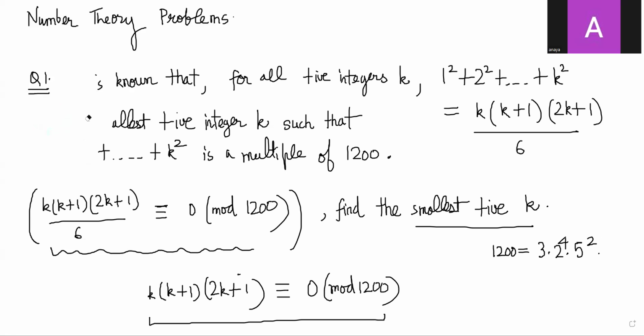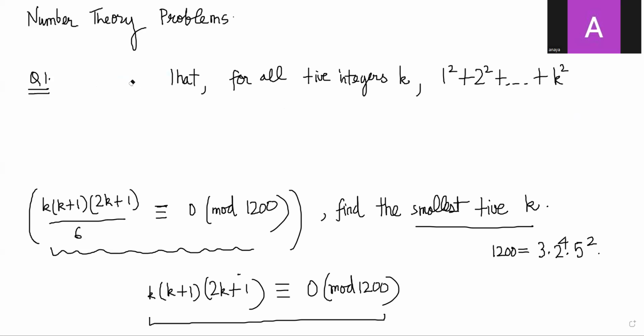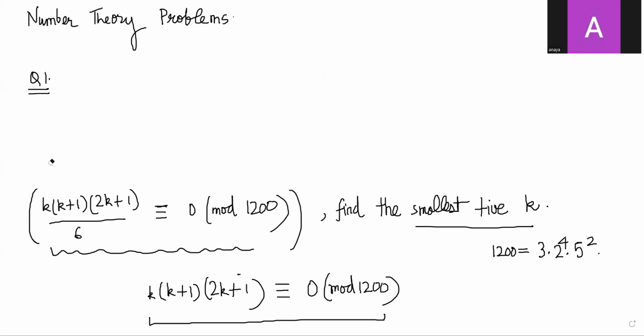I'm thinking from there. If you look at these prime factors, you can write it as 3 into 16 into 25.